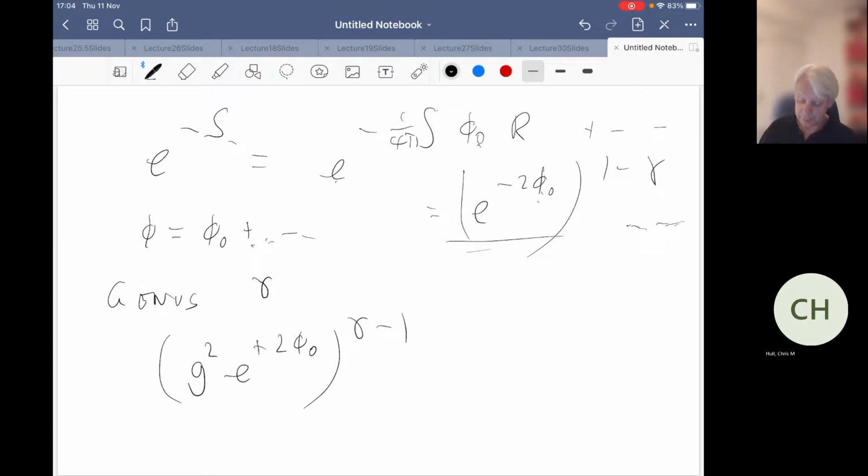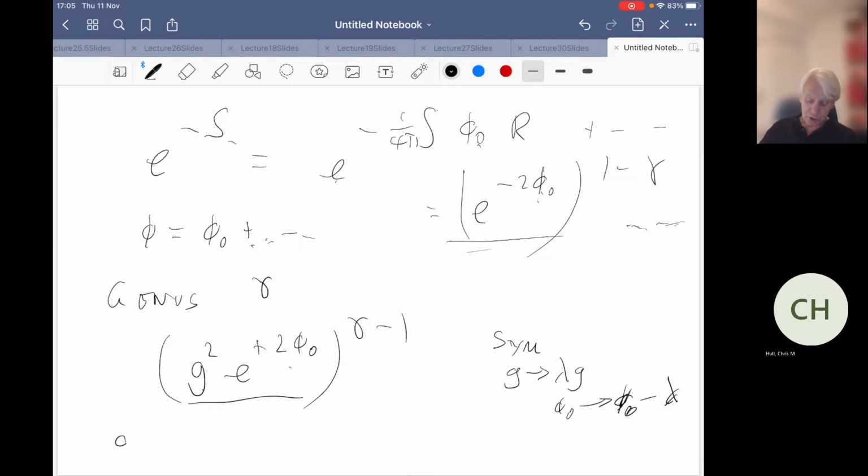So now we see that g and phi 0 always enter in this combination. And so there's a symmetry under which g goes to lambda g, and phi 0 goes to phi 0 minus log lambda. So you scale g and shift phi 0.